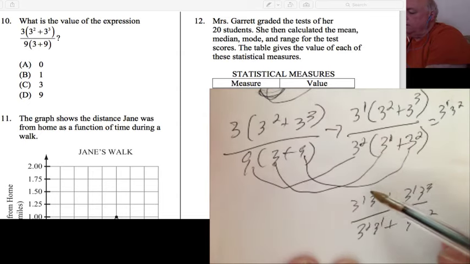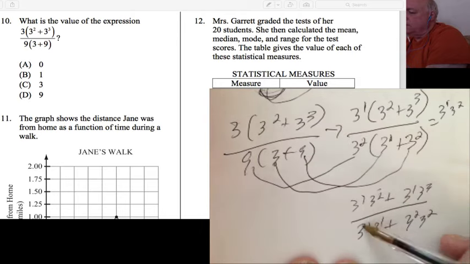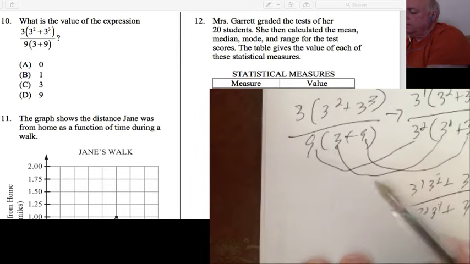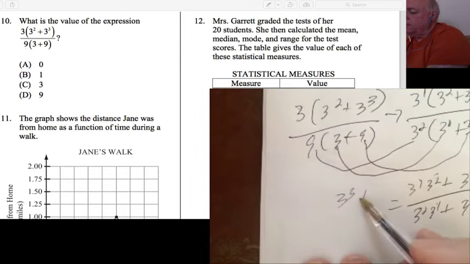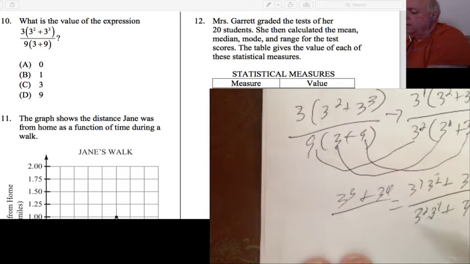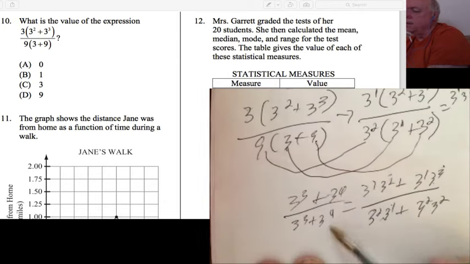Now, this is 1 and 2, and this is 2 and 1. And this is 1 and 3, and this is 2 and 2. That's important because we're going to get 3 to the third plus 3 to the fourth over the same thing, 3 to the third plus 3 to the fourth. So that's the identity as well.